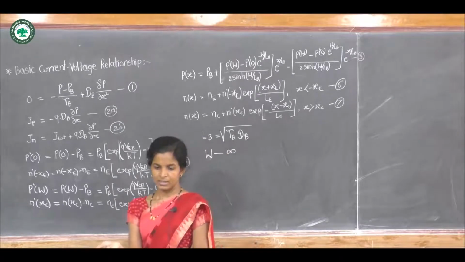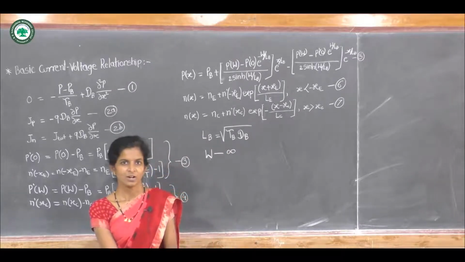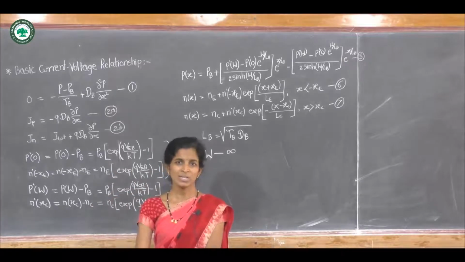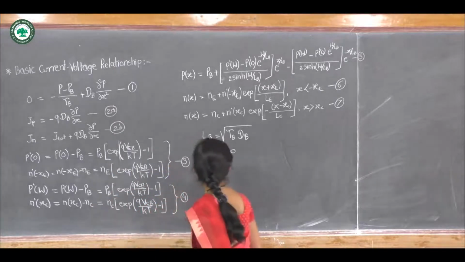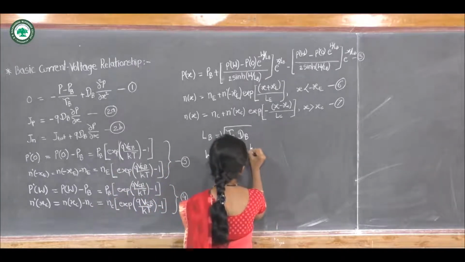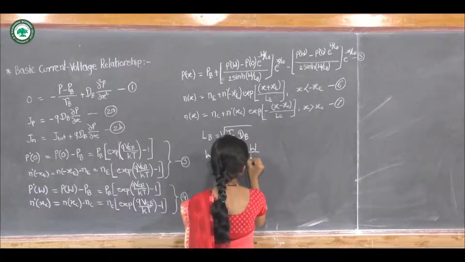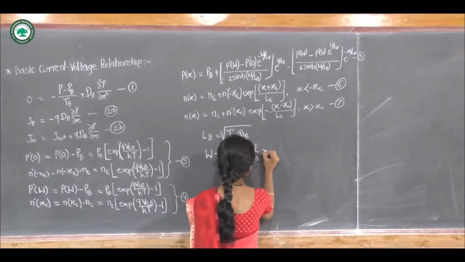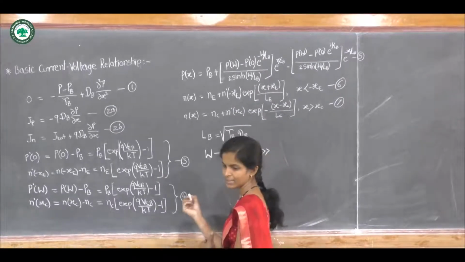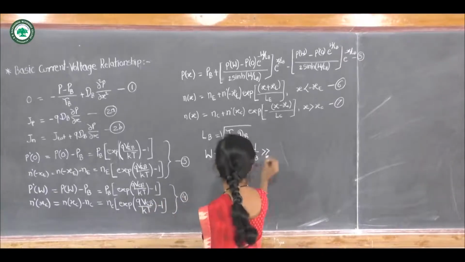When this W tends to infinity, the ratio W upon LB is greater than 1.